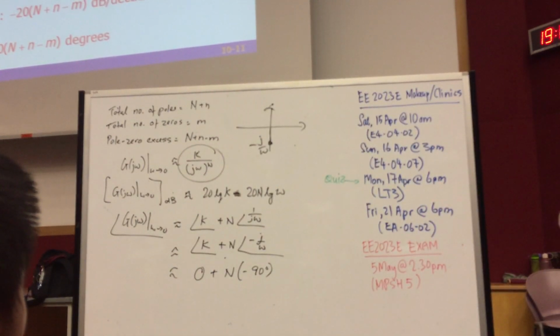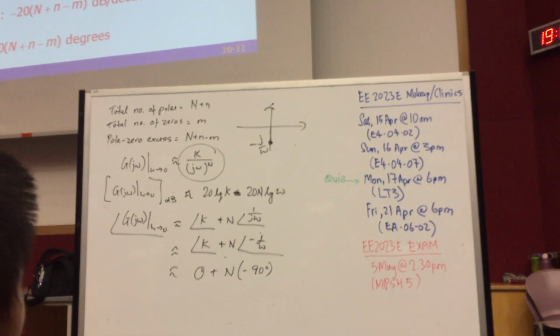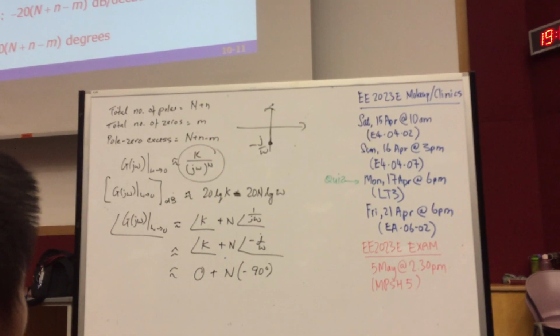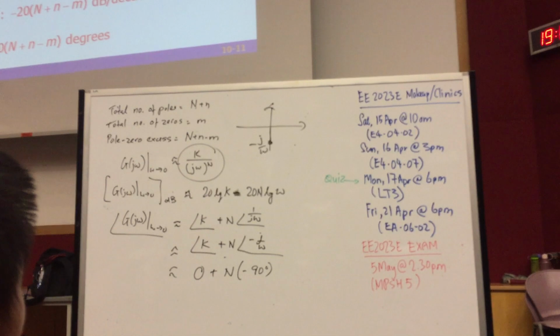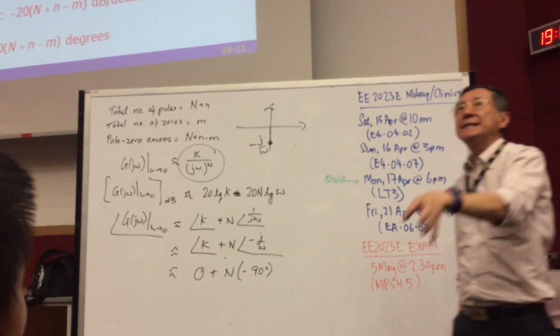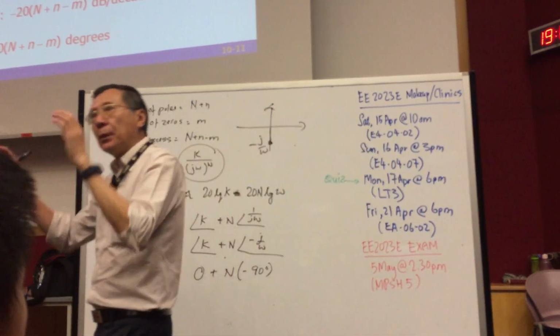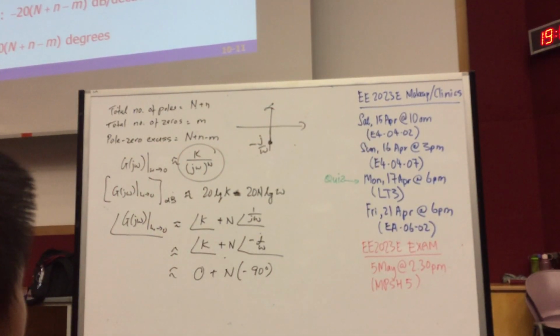That means when omega is very large, the asymptote will be a line that has a slope of minus 20 times the pole excess.